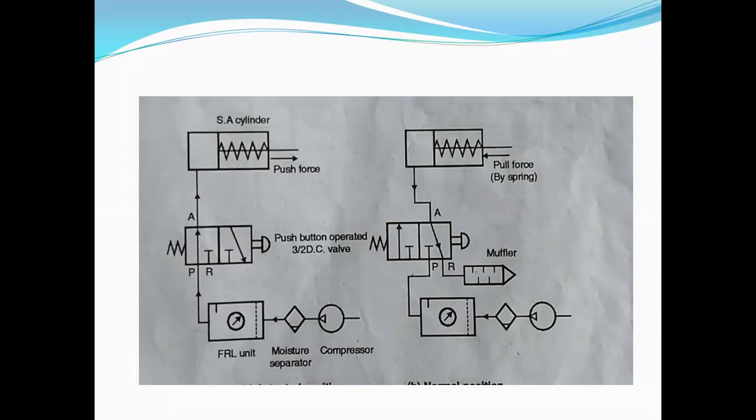Okay, so water moisture or water particles are condensed inside the tank, so that these water particles can be removed from the tank by the tap which is present at the end of the storage tank, so that the air which is supplied to the system is free from any moisture.